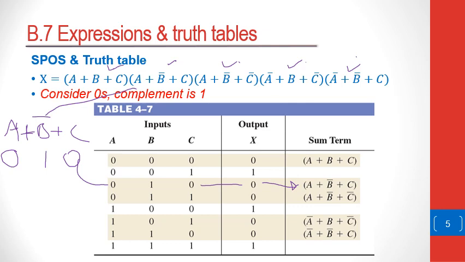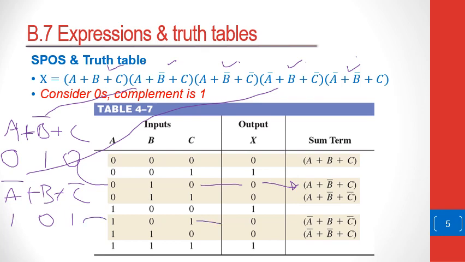Take another one, for example: A bar plus B plus C. Remember, the complement is 1, so we have 1, 0, 0. So 1, 0, 0 will be equivalent to a 0, and so on and so forth.